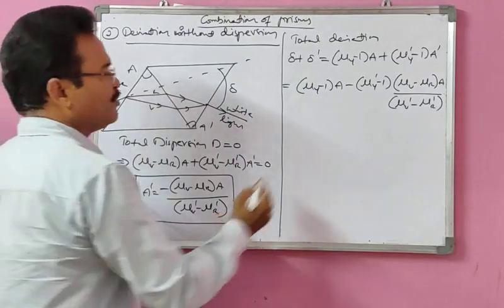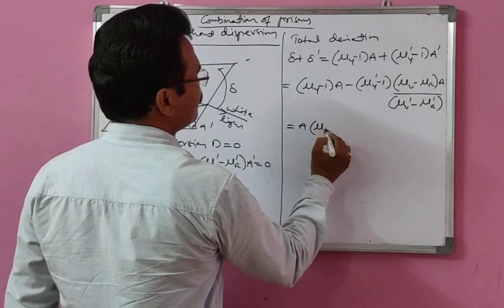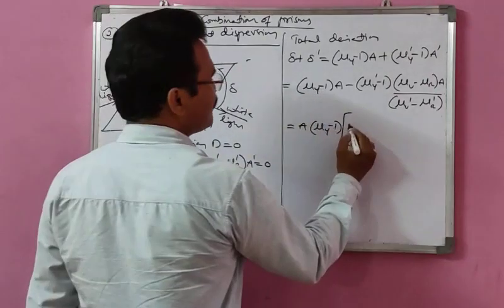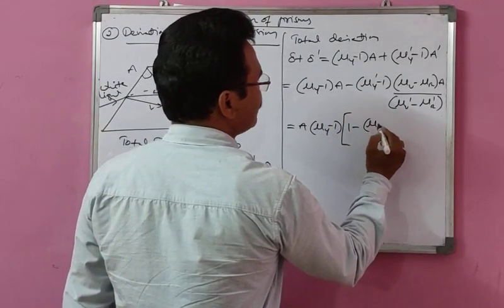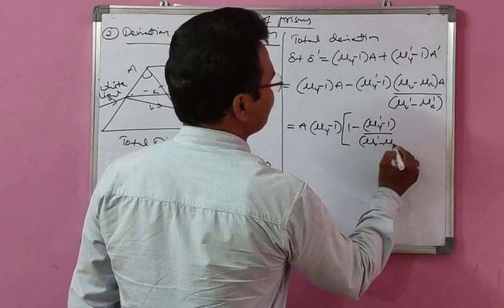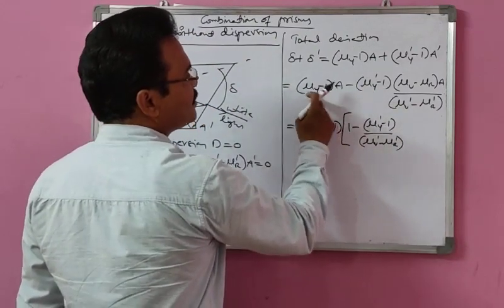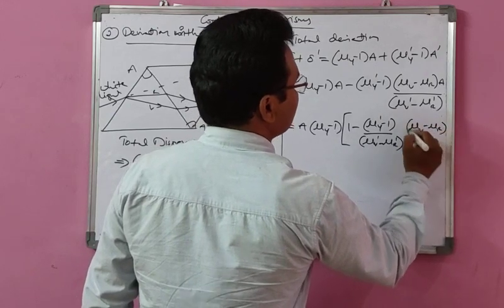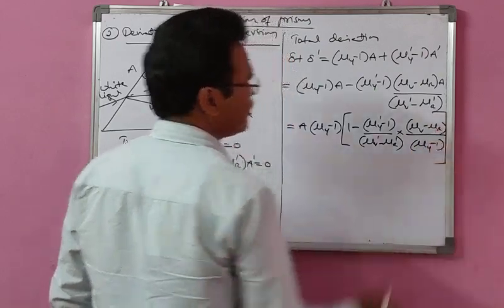Now I'm taking the common term A of mu y minus 1 out. I get 1 minus, rearranging the terms, mu y dash minus 1 divided by mu v dash minus mu r dash, and this term comes in the denominator as mu v minus mu r divided by mu y minus 1.